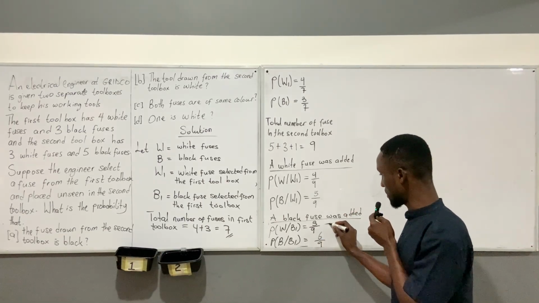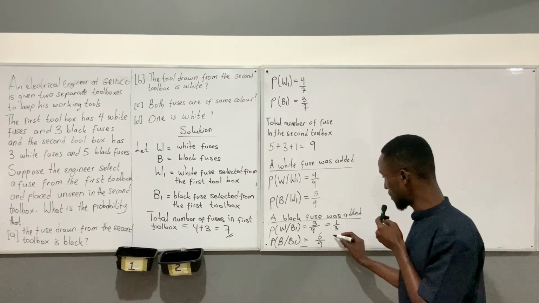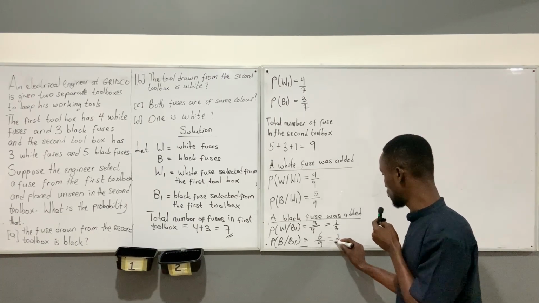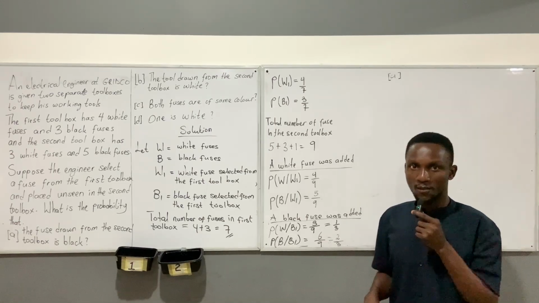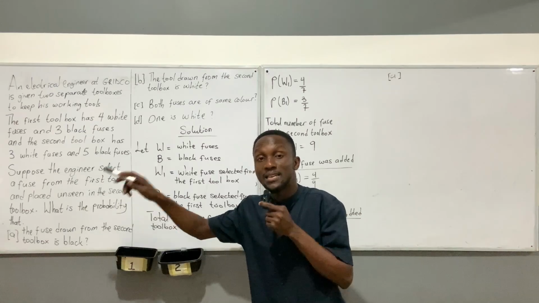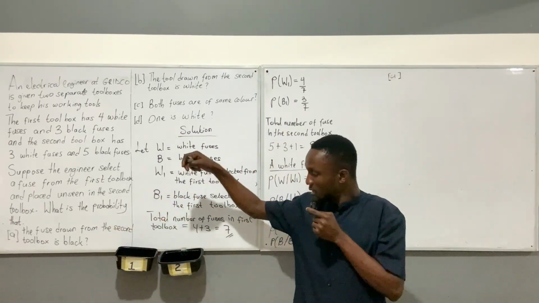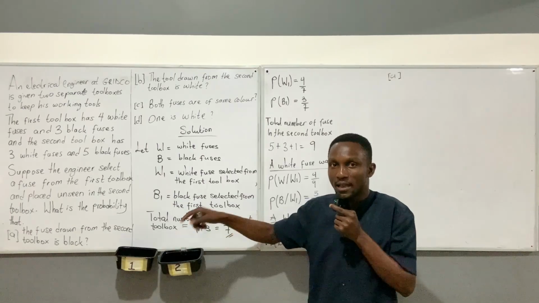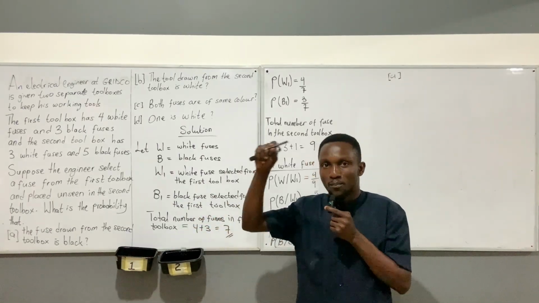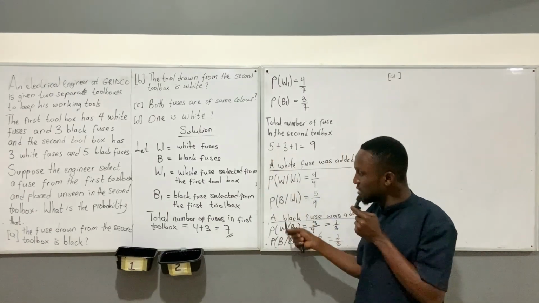Now if we break this down, we have 1 over 3, and this one is giving us 2 over 3. The first question says, assuming the fuse drawn from the second box is black. So we are finding the probability that he has now picked a fuse from here and the color is what? Black. So we have to use these two scenarios to solve.